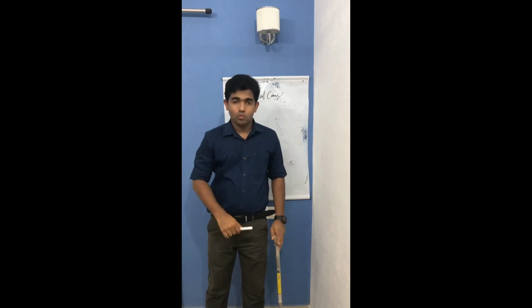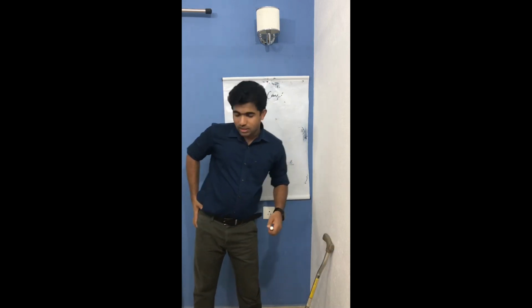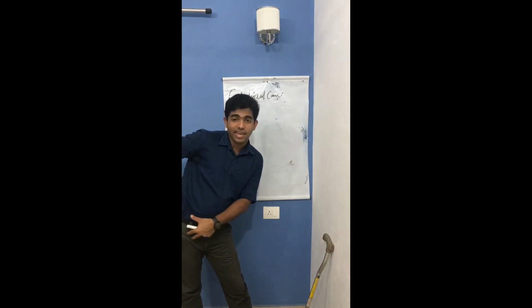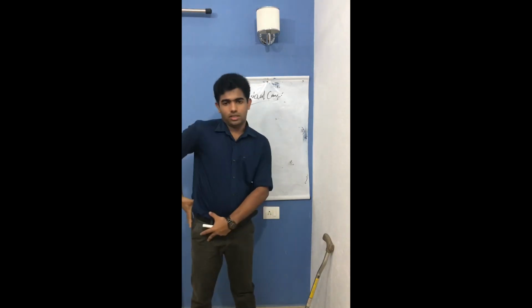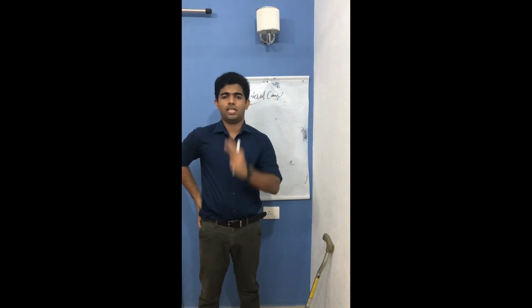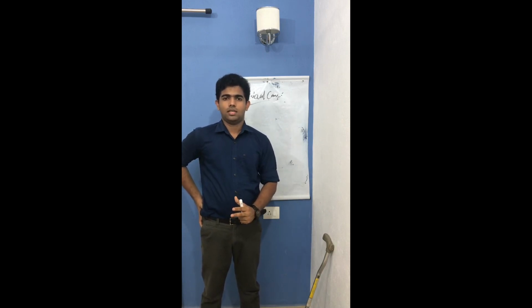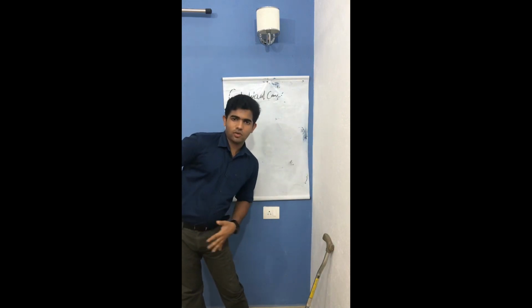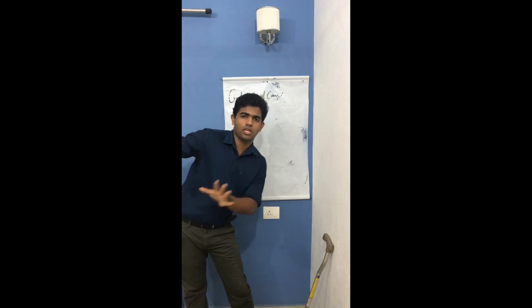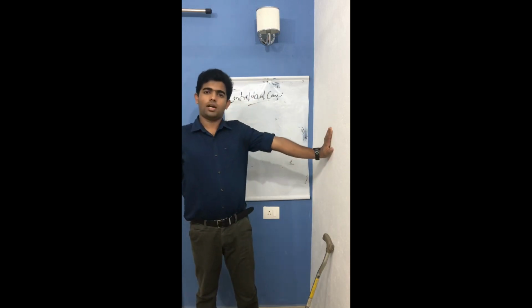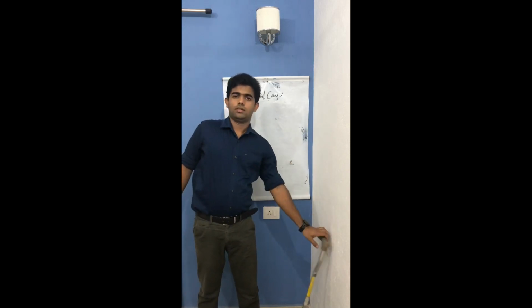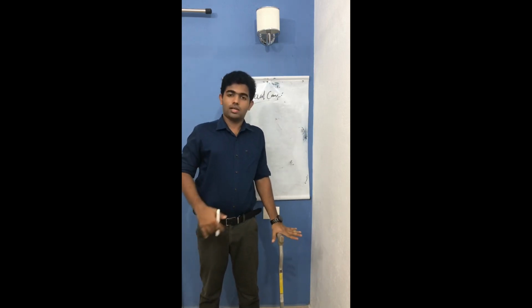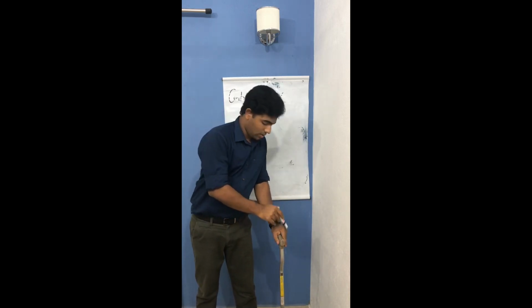See what my abductors are doing. My abductors are acting against this adductor torque. They are making me stand straight, right? Now, instead of the abductors working, you forget about the abductors. The same thing can be done by placing the hand on the wall, or by placing the hand on this cane.